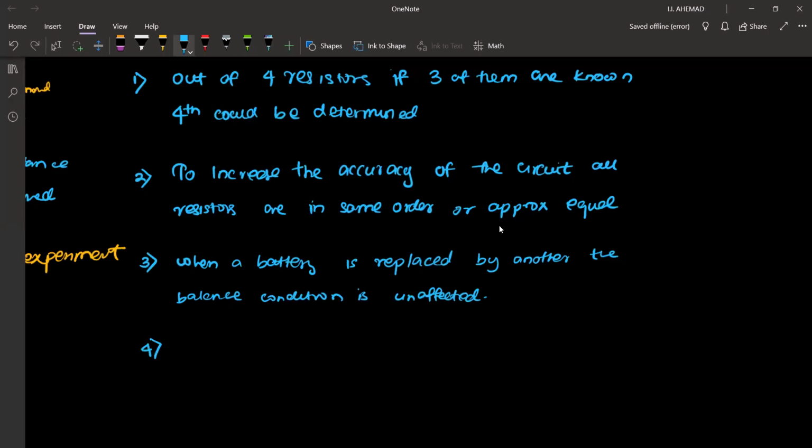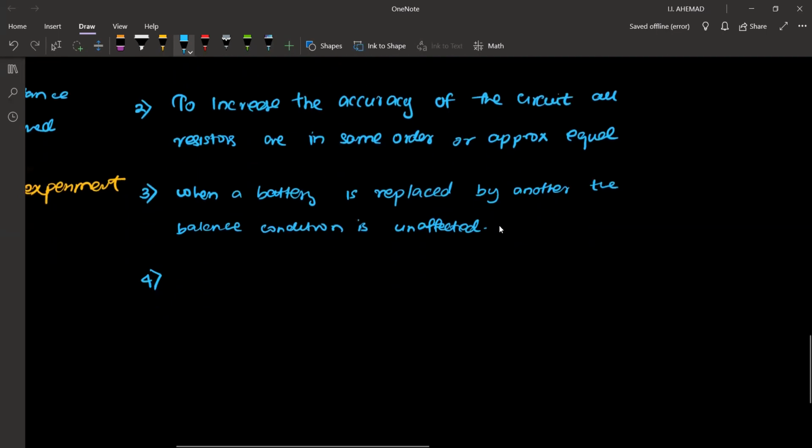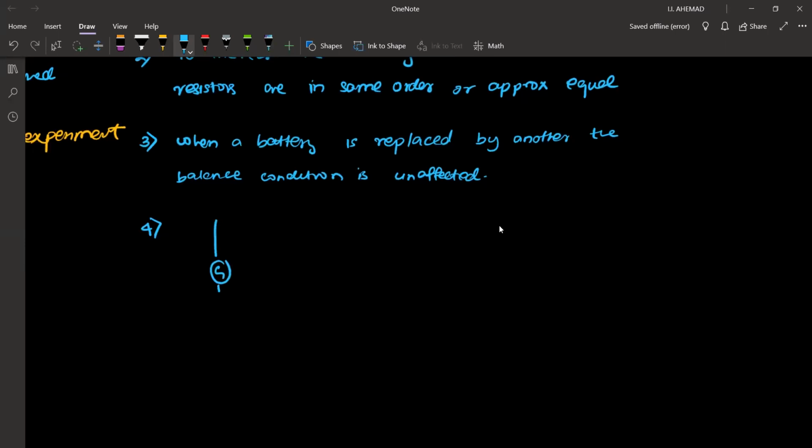Instead of having the galvanometer only, we have another setup. We have a galvanometer, and in series to the galvanometer, we have a high resistance, and then we have a key to short circuit this high resistance. So this is also a key, okay? So why do we need this?